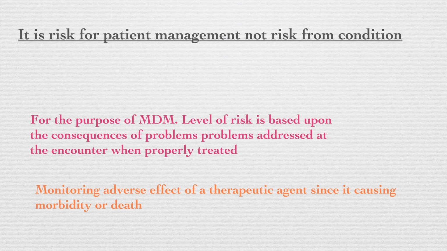In another example, in case of insulin therapy, we are monitoring the glucose level. In that case, we are monitoring for therapeutic efficacy, not for the adverse effect. But to be termed as risk, if it needs assessment for the adverse effect, then it is termed as risk.